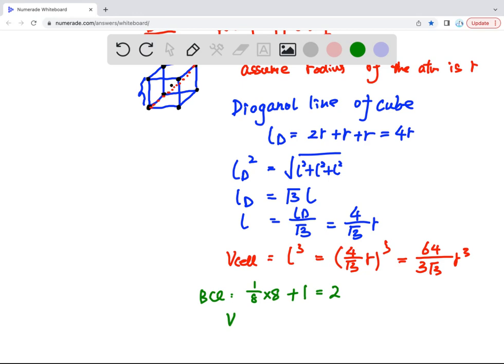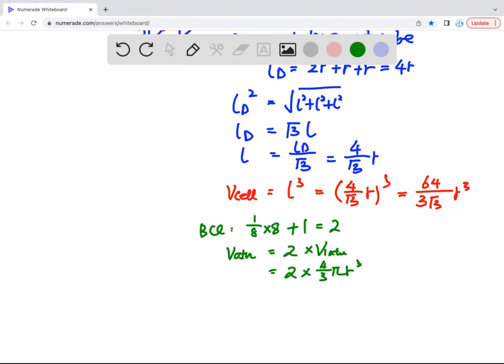From here, we can calculate the volume the atoms occupy, which equals 2 times the volume of one atom. Since the atom is a sphere, that's 4/3 times pi r to the power 3. So that's equal to 8 over 3 pi r cubed.